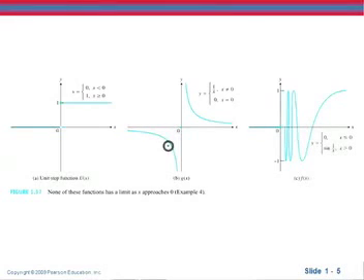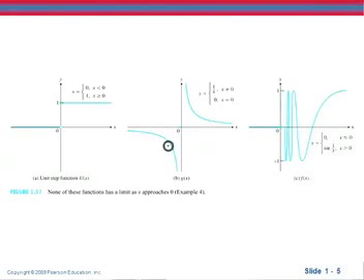If we look at the graph in picture C, the graph f of x, as we approach 0 from the left, all of the y values are 0. From the right, the y values are defined by y equals sine of 1 over x.